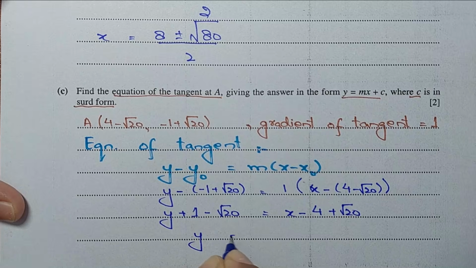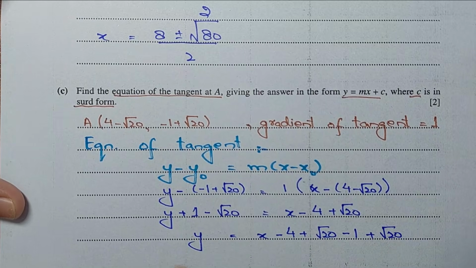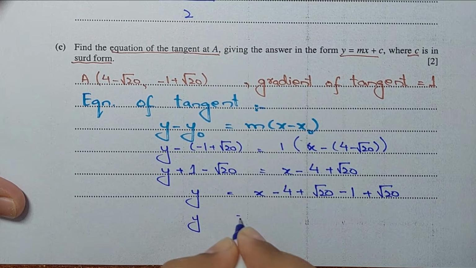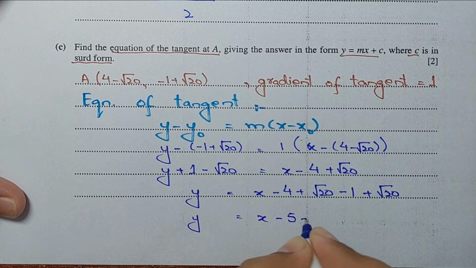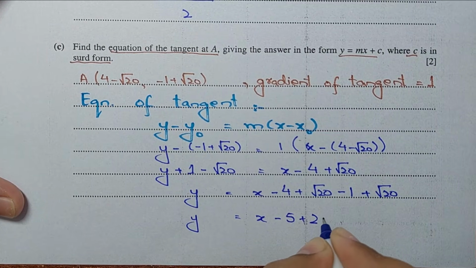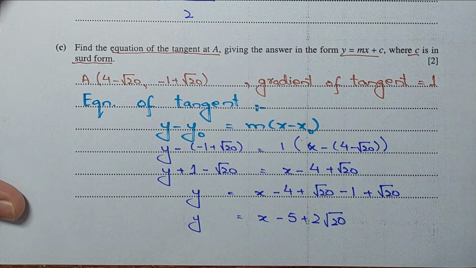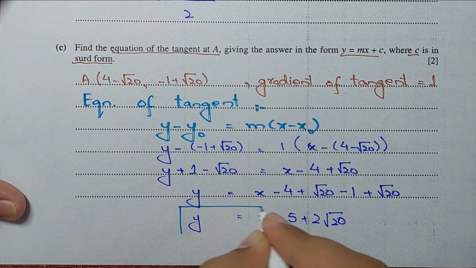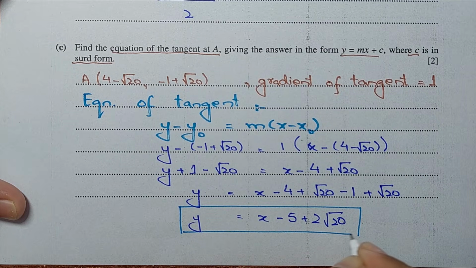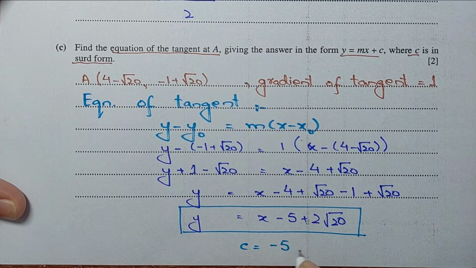So y would be equal to x minus 4 plus root 20 minus 1 plus root 20. So y would be equal to x minus 5 plus 2 times root 20. This is the equation of the tangent at point A. y equals mx plus c, m is 1 and this is your c. The c is in surd form: minus 5 plus 2 root 20.